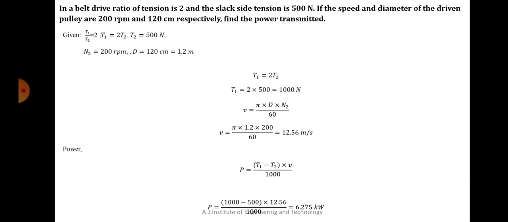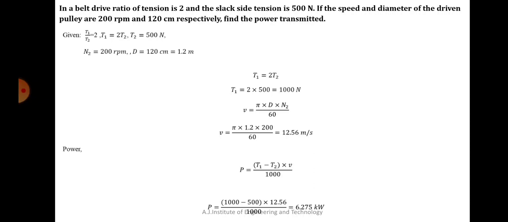So if you want to calculate the power transmitted for a belt drive, then the formula is: power is equal to the effective tension in the belt, which is nothing but the difference between the tensions in the tight side and slack side, T1 minus T2, into the velocity of the belt.